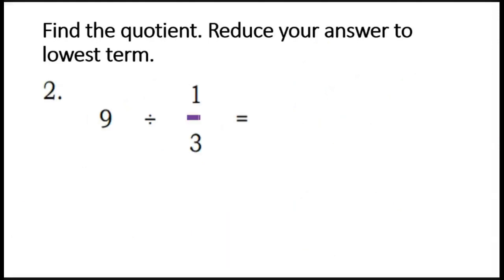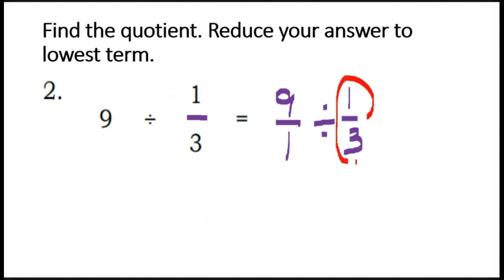Okay? Let's have another example here. So, we have here 9 divided by 1/3. So, let's write first. So, 9 over 1 divided by 1/3. What is the first step? We need to get the reciprocal of 1/3. So, that is 3 over 1.